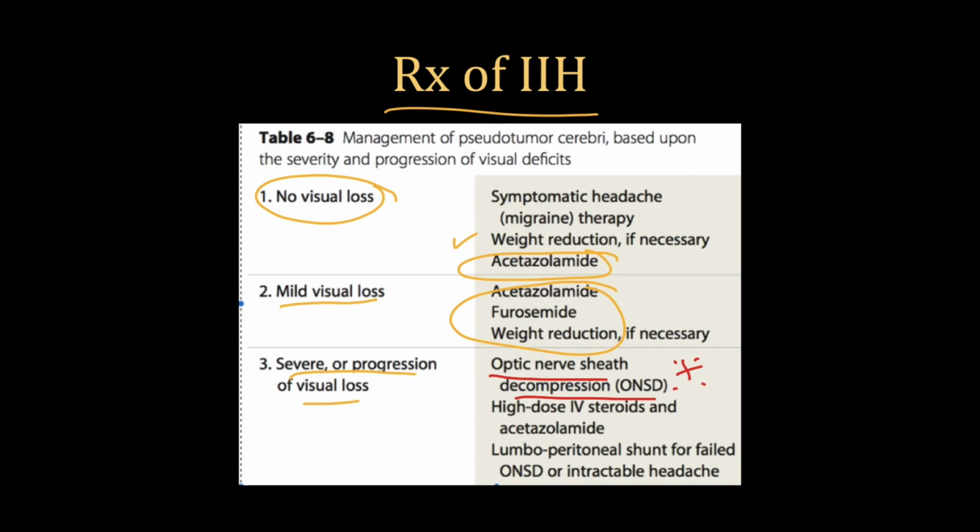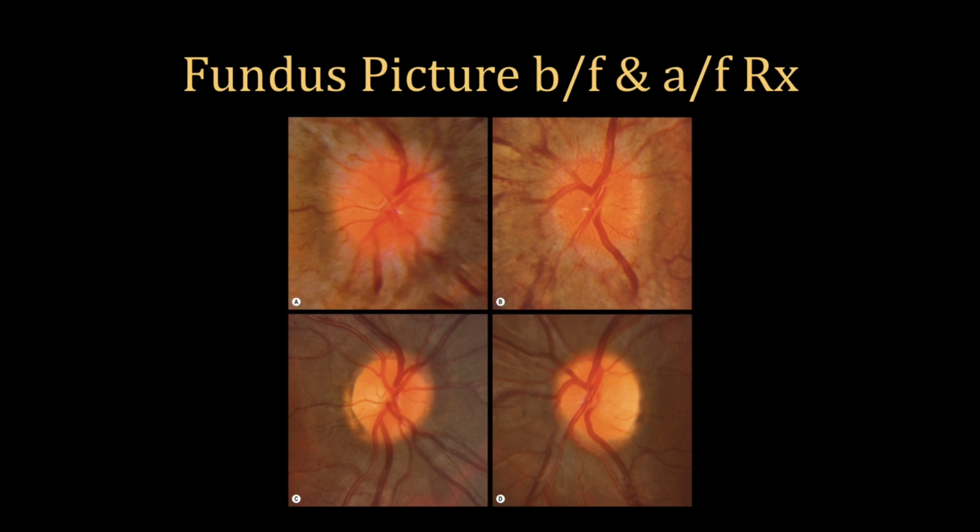Because when we stab the optic nerve sheath, we release the CSF and thereby relieve the pressure on the patient's optic nerve. Also, IV steroids are another important medical treatment, and if everything fails, we go for a lumboperitoneal shunt for failed ONSD or for intractable headache. So this was the fundus picture of the patient before treatment, and this was after treatment with acetazolamide.